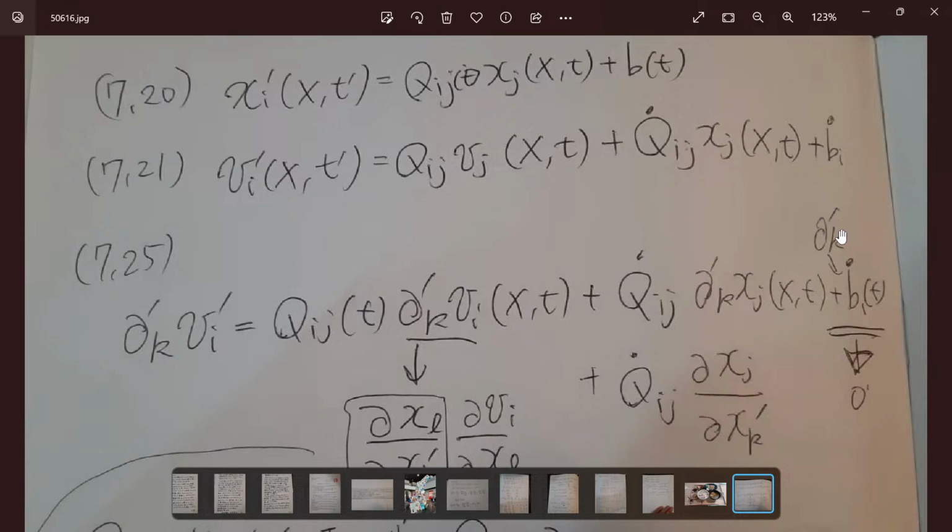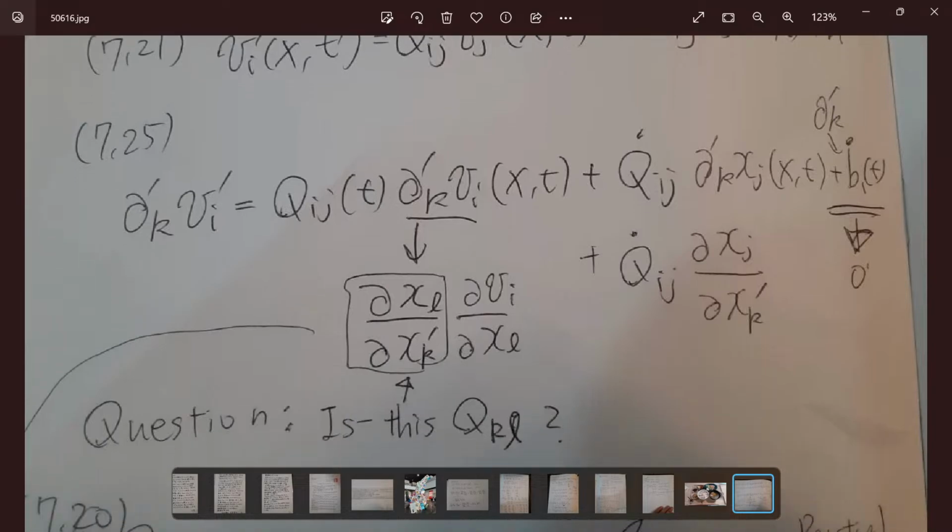Then this partial derivative means we don't move t, we fix t constant, then take the derivative with respect to xk prime. So this last term becomes 0. And if I write this second term out, this goes like partial xj divided by partial xk prime. Right?